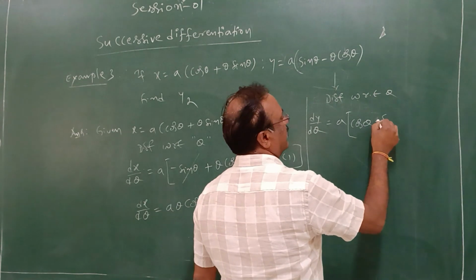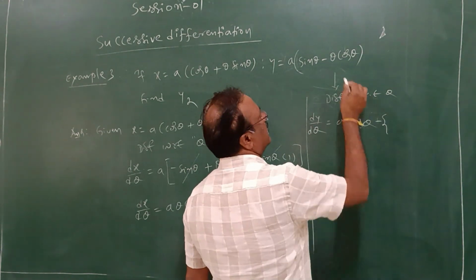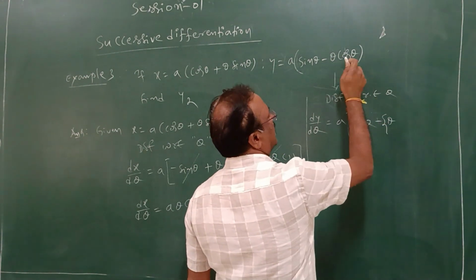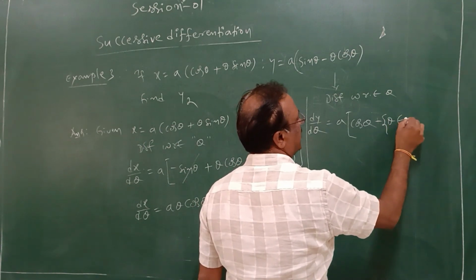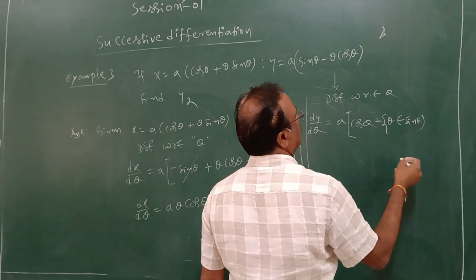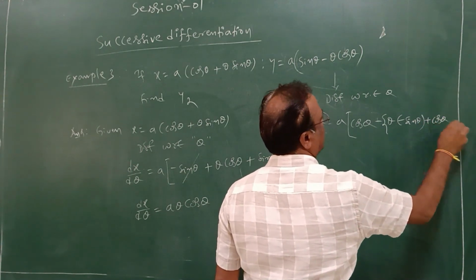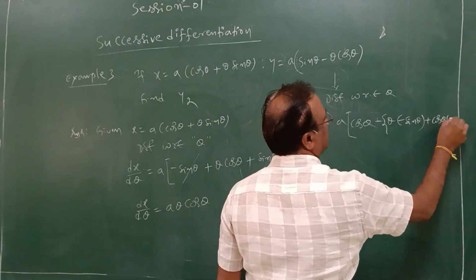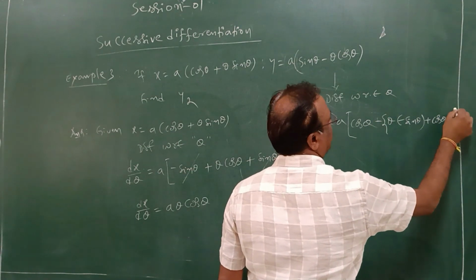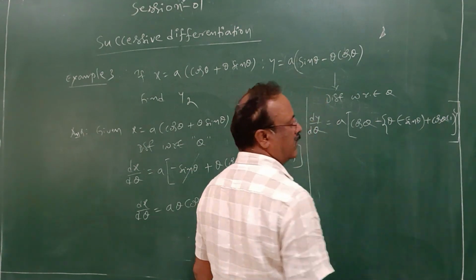Minus of, I take a long bracket, first function is theta, cos theta differentiation is minus sine theta, plus second function as it is, cos theta, derivative of theta with respect to theta is 1. Close the flower bracket as well as the square bracket.